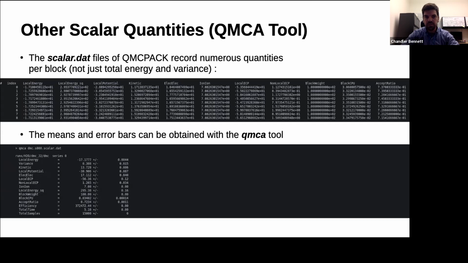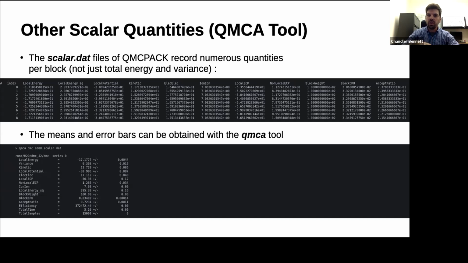It also records other quantities related to the energy. For instance, it records what's known as the local potential, which is every term in the Hamiltonian that's local. It records the kinetic energy, the electron-electron repulsion, the ion-ion repulsion, and the local ECP, or that's what the label is here anyway.